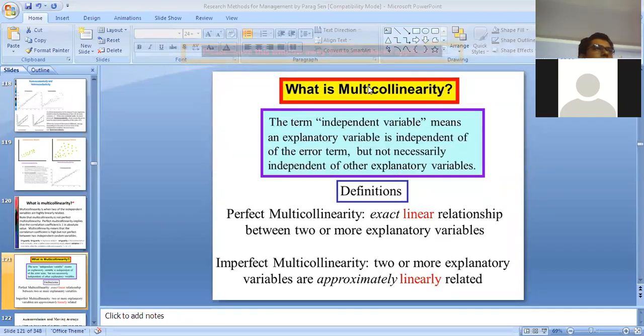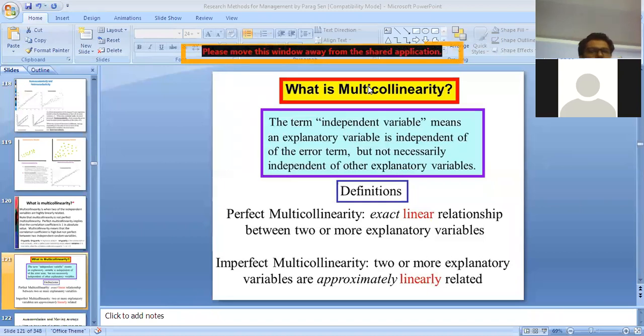In regression analysis, we have discussed the relationship between the dependent variable and the independent variable. But it may so happen that, for a multiple linear regression, the explanatory variables that you are considering, that means the independent variables describing your dependent variable, may have some correlation among them.